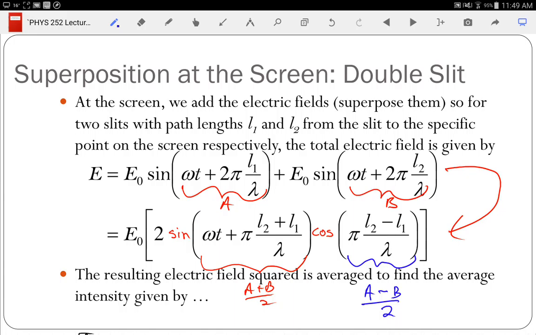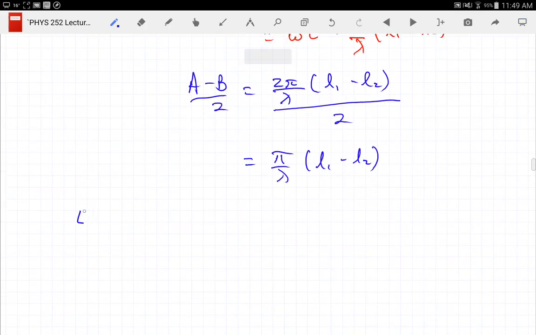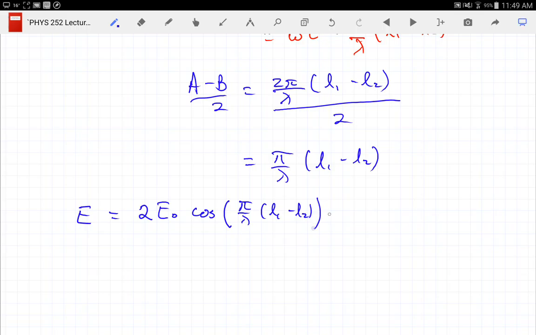So if we look at this, let's go ahead and do that. There's our electric field. And now we square it to get our intensity.